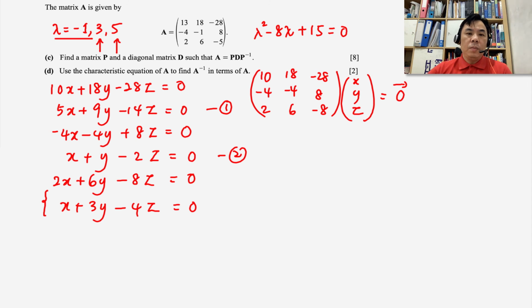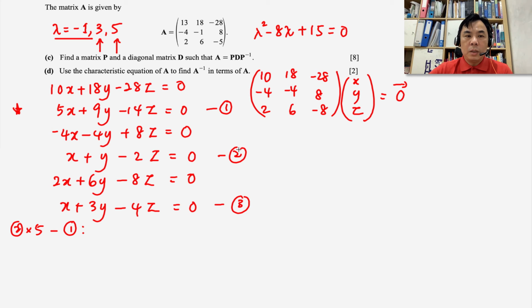So take for instance, at this point, I'm going to solve. You have to anchor one of them. So take for instance, we anchor this part here, and then we're going to solve the rest based on this. So I can say that I'm going to take the equation number 2 times 5 minus equation number 1, for instance.